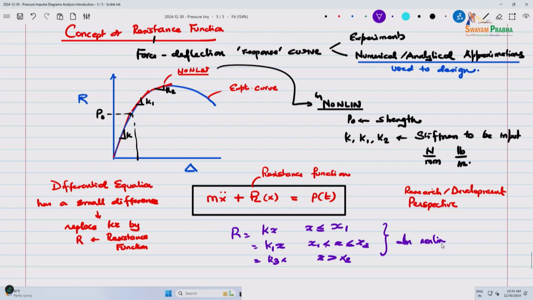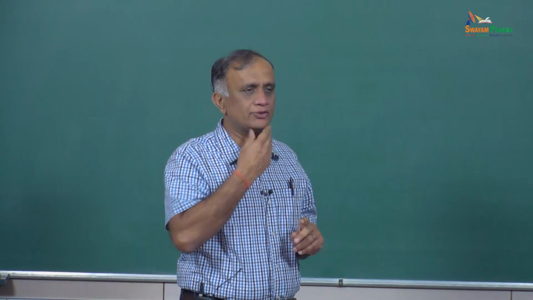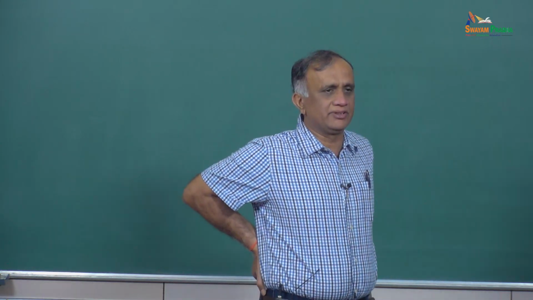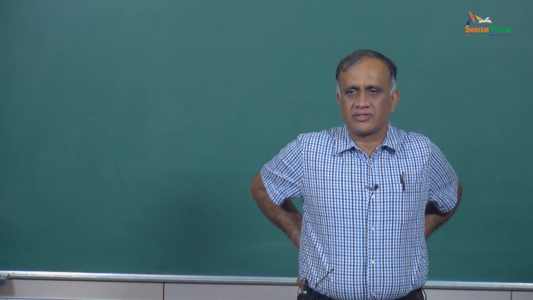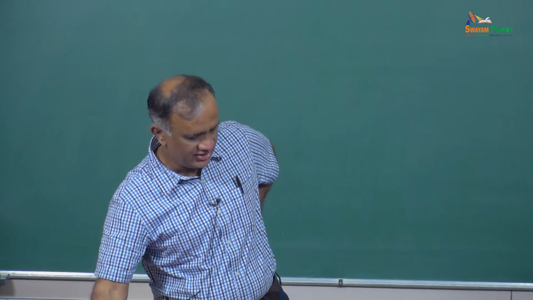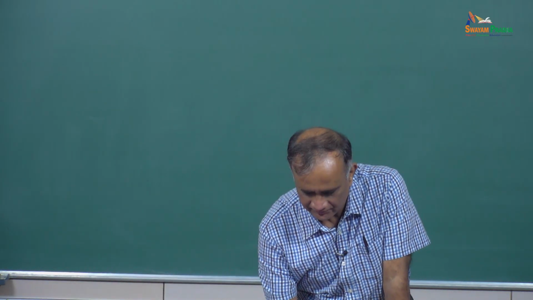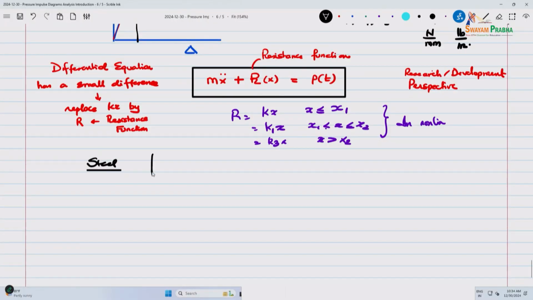And you might ask me what stiffness values you should input if you do not know, because you can calculate the initial stiffness, but calculating the subsequent stiffnesses is going to be a challenge. If it is steel, steel is rigid plastic. So, steel structures, this is P naught versus delta.